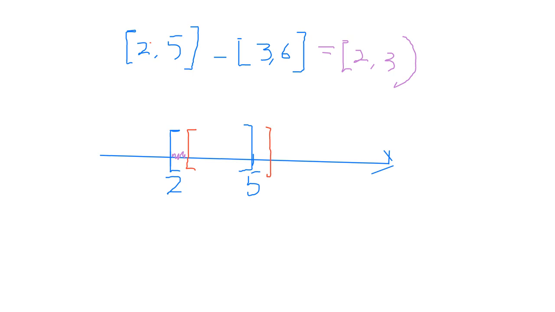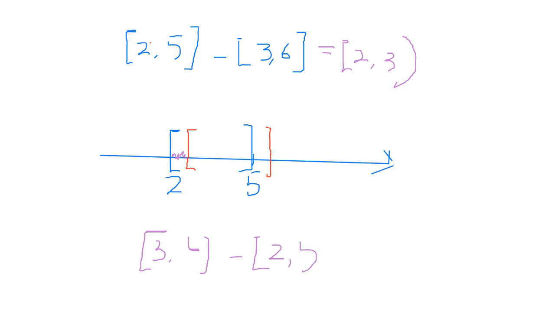Okay, now let's try to see the last question. Oh, actually, let's try another one. Let's try to find 3 up to 6, subtract 2 to 5. Okay, anybody can try this one.